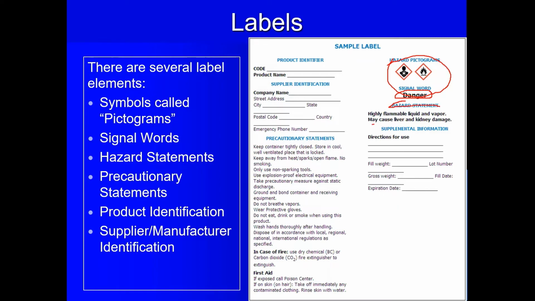And it covers this under here. Precautionary statement, which is all the information below here. Product identification, which would be up here. Supplier manufacturer identification, which is located right here, all of this information.